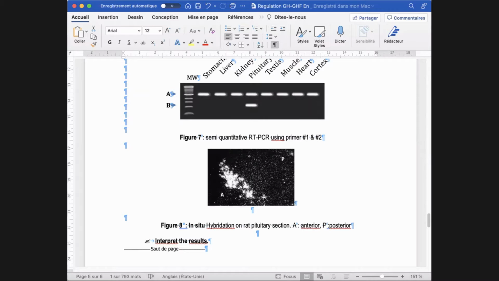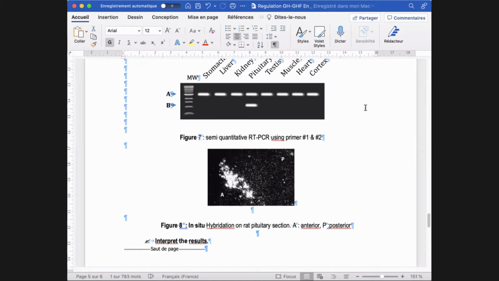They did a cross-section of the pituitary gland and then hybridized it with a probe that can specifically hybridize to the GHF-M messenger RNA. The signal in this kind of experiment is the white spots. No signal is the black background, and the signal corresponds to the white spots.